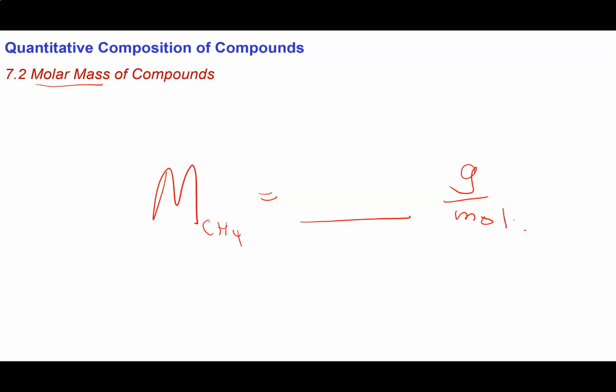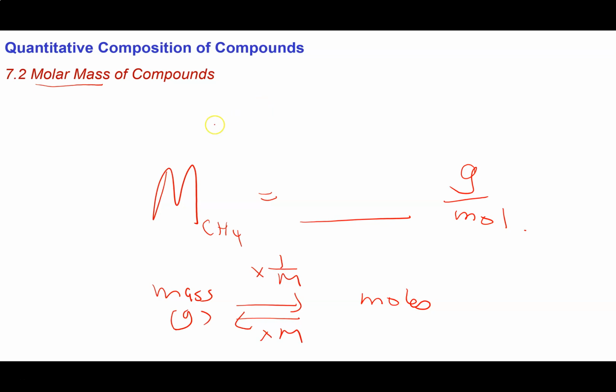The molar mass functions as the conversion factor between the mass of something in grams and the number of moles of something. When you're going to moles, you're going to multiply by 1 on the molar mass, and when you're going from moles into grams, you're going to multiply by the molar mass itself. So it's a pretty simple concept.